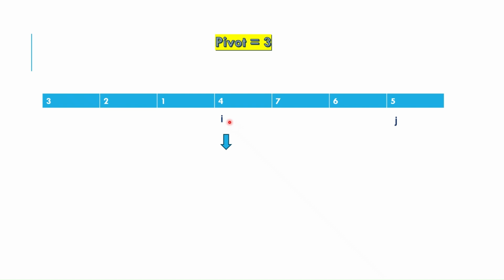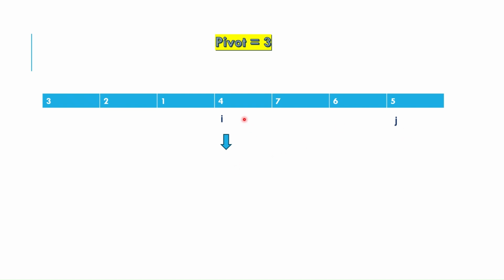Now what will happen? Is 4 less than or equals to 3? No, not at all. So the while loop that I showed you earlier will stop execution.